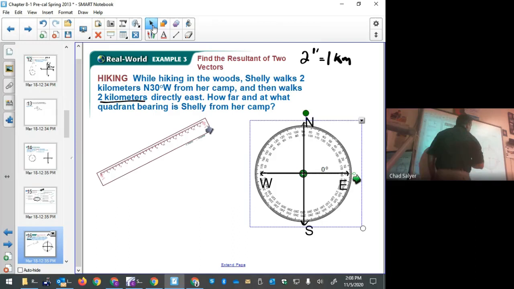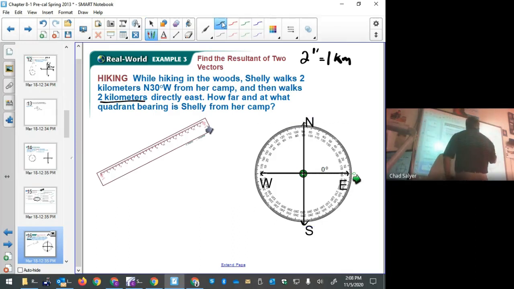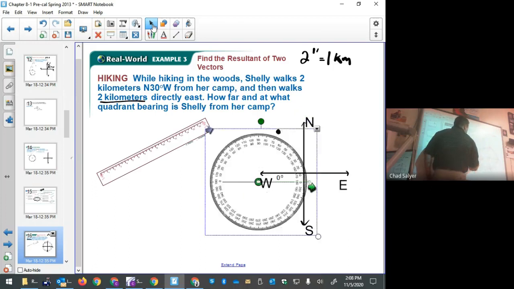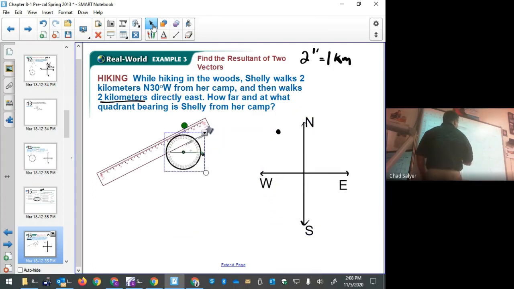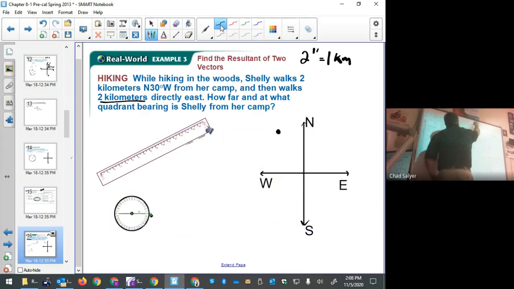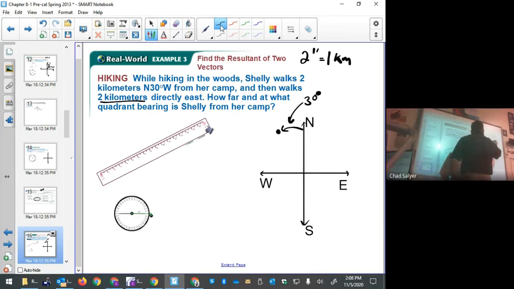North in this case would be 90. 30 degrees west of that would be 120 degrees, right here. So that's 30 degrees west of north. That's the direction we want to go.